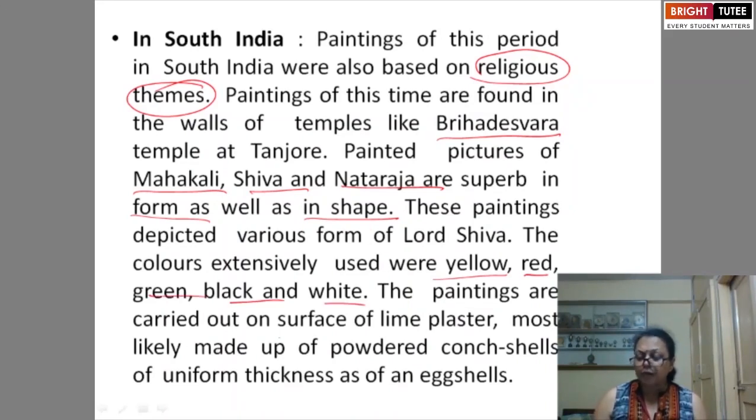The paintings are carried out on the surface of lime plaster, most likely made of powdered conch shell of uniform thickness like an eggshell. A conch shell is a mollusk shell, and it is used to make the powder in a uniform thickness, prepared like eggshell.